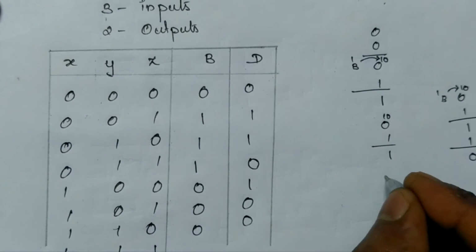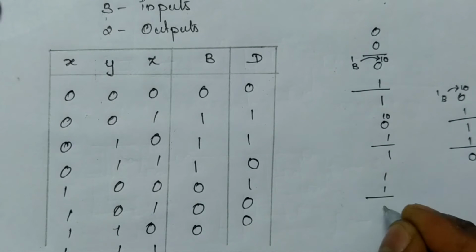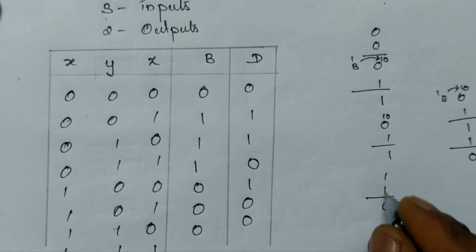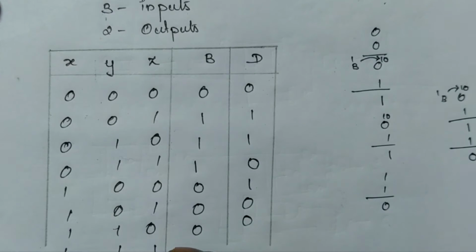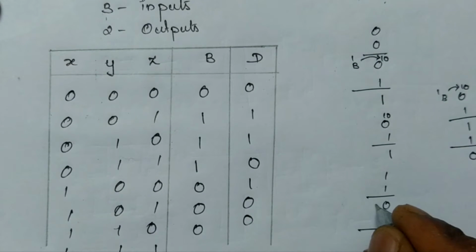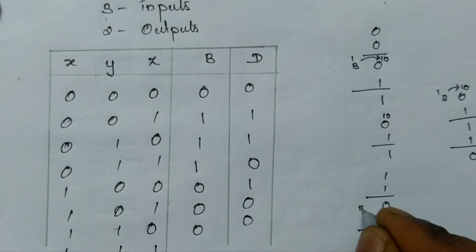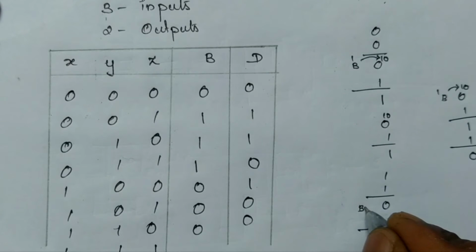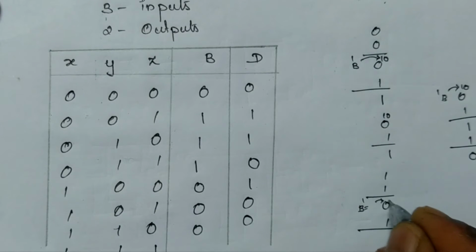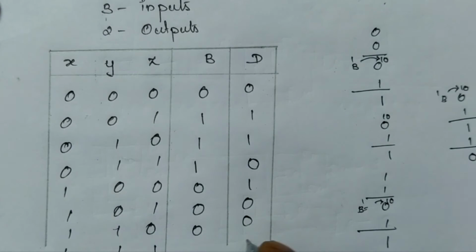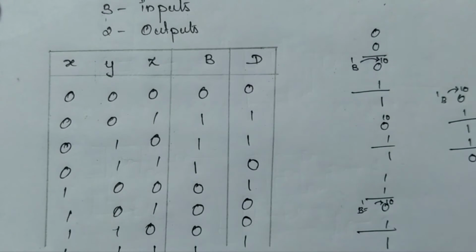Then for the last condition 1 minus 1, the difference is 0 and borrow also 0. After that we are having another 1, therefore we cannot subtract, so we need to borrow 1. Therefore the value is 1 0, and 1 0 minus 1 1 gives difference 1, borrow also 1.